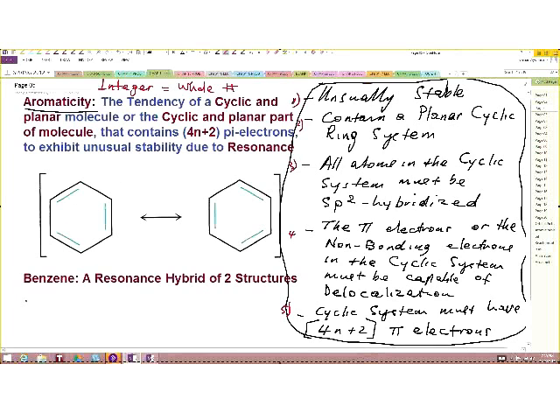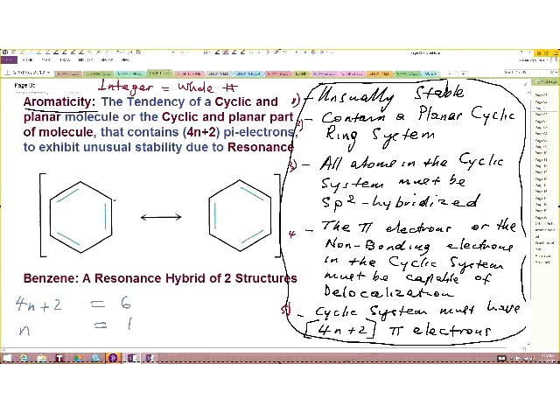So according to Hückel's rule, it has 4n plus 2 pi electrons equals 6. Let us solve for n. n equals 1. So that means this molecule obeys Hückel's rule. As long as n equals 0, 1, 2, 3, whatever, then you say it obeys Hückel's rule. So benzene obeys Hückel's rule.